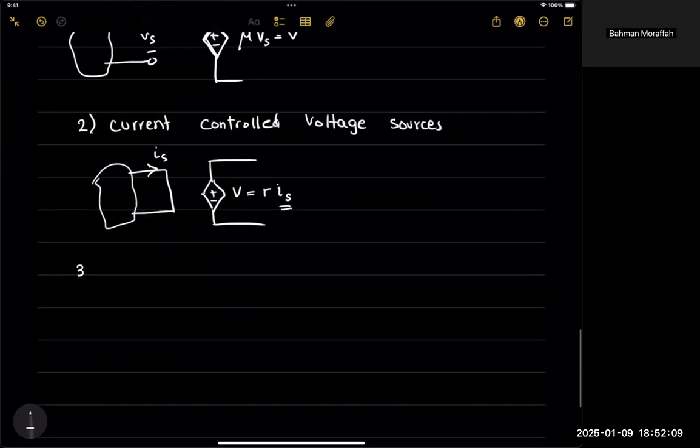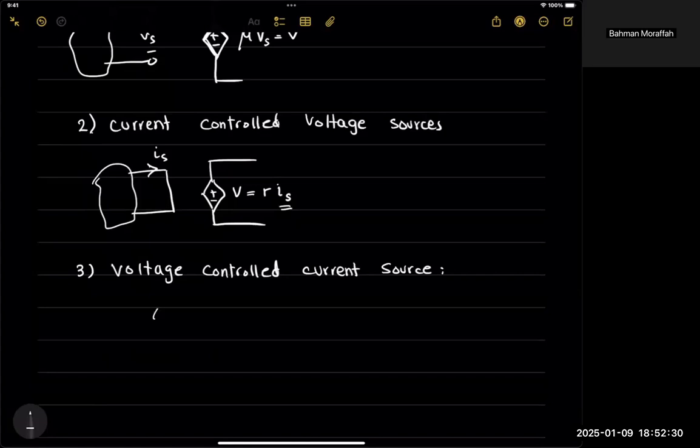Another type is voltage controlled current source. As you can guess, it's basically a dependent current source whose value is controlled by some voltage in the circuit.